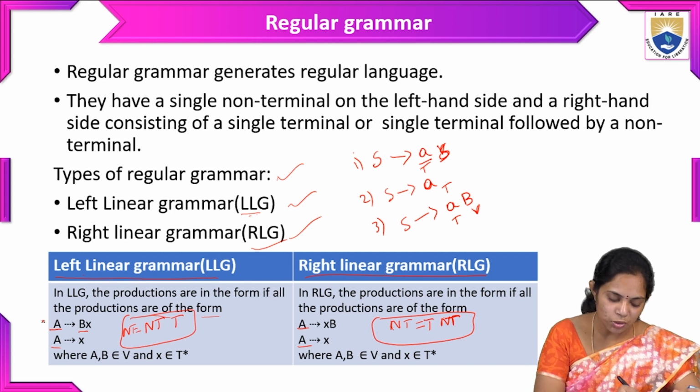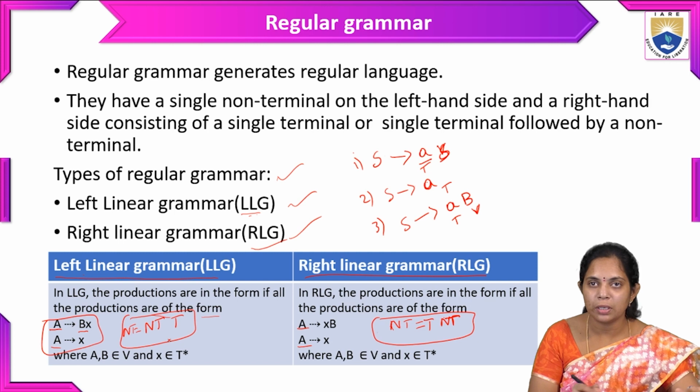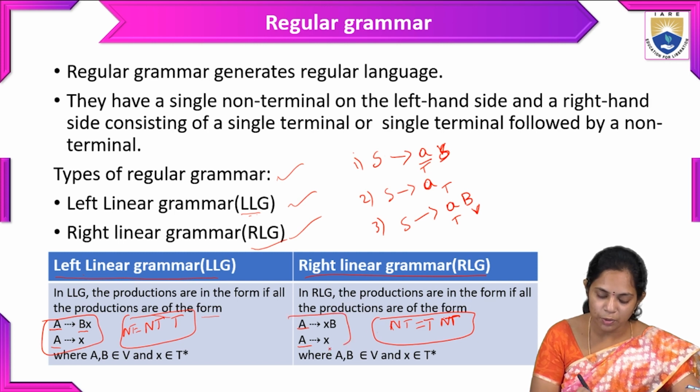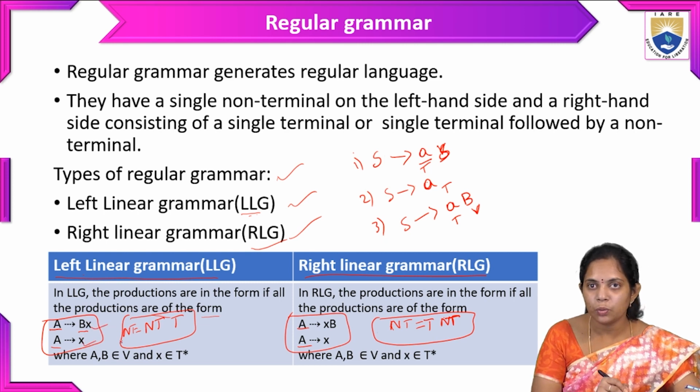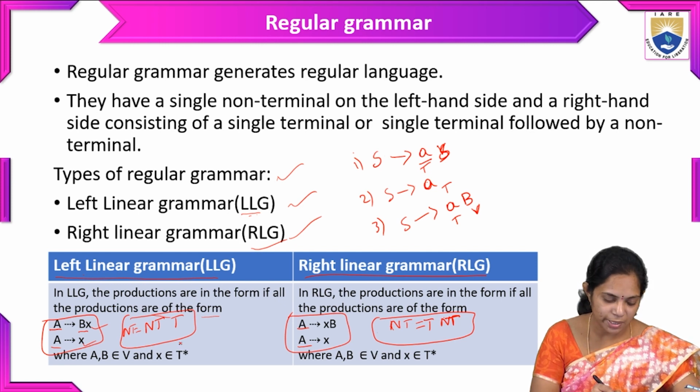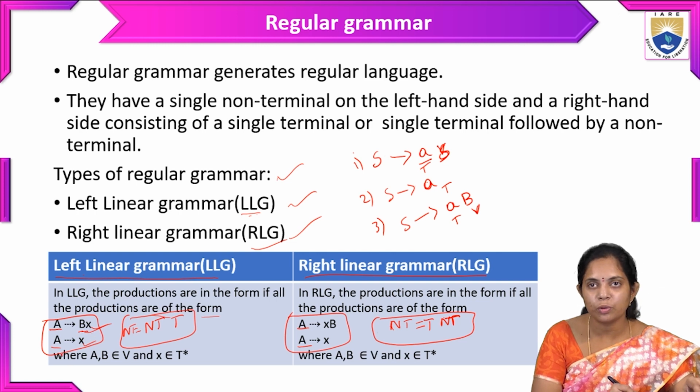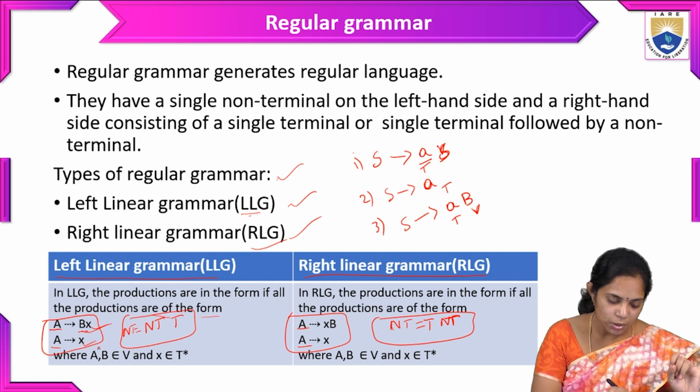In the production rules, the left side has the two production rules, with two terminals and one non-terminal. In production 1, it has a combination of both terminal and non-terminal. So in the left linear grammar, the non-terminal comes first and is followed by the terminal.